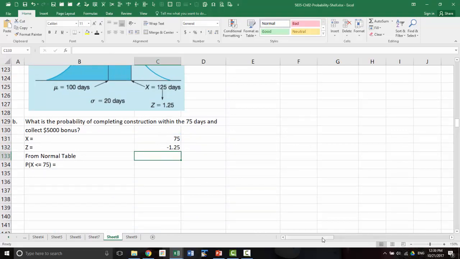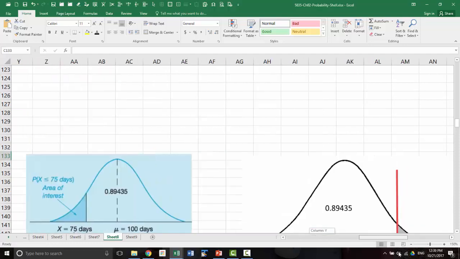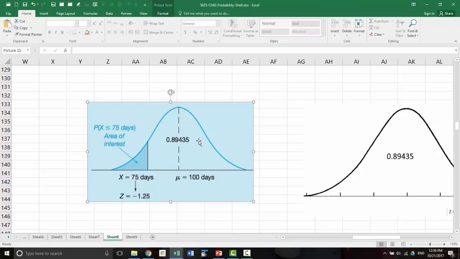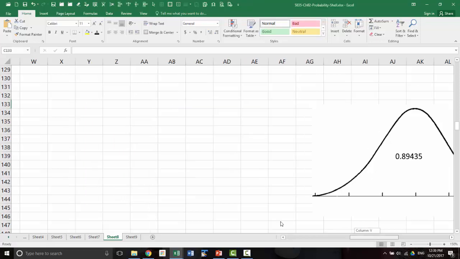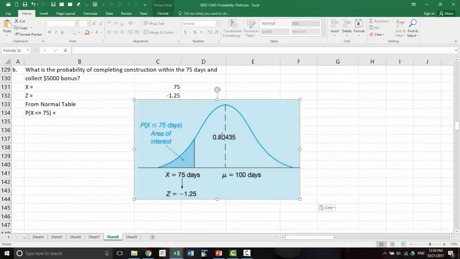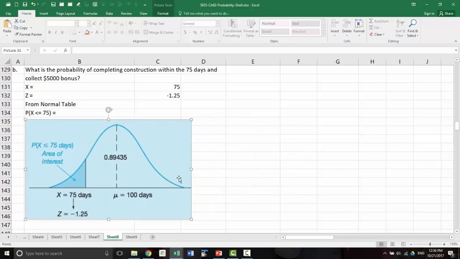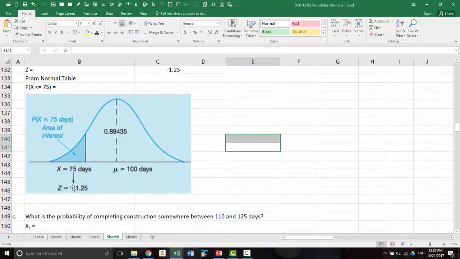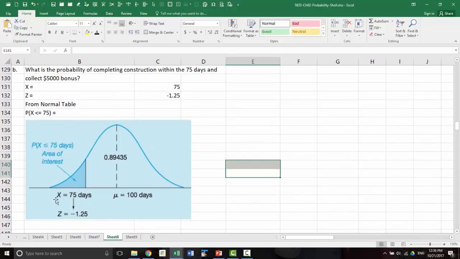So now this is the probability we want. X is 75, the mean is 100. The X is now converted into a value of Z, which is minus 1.25.